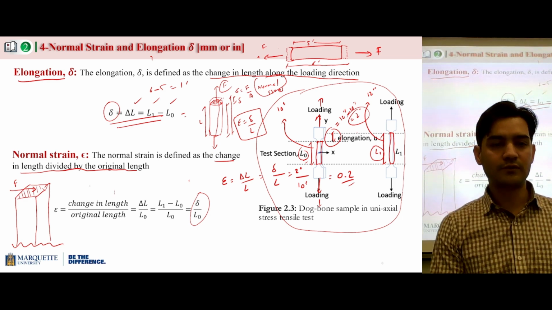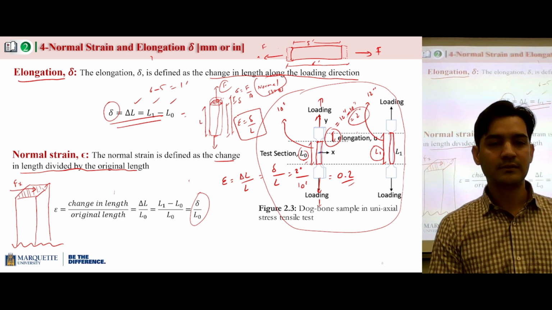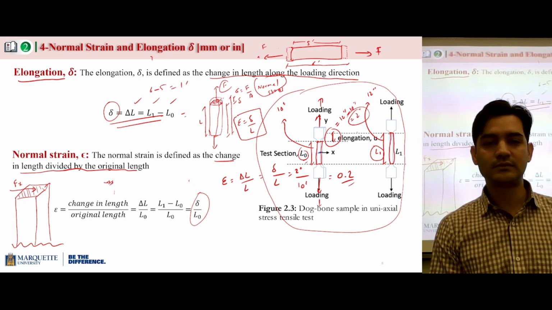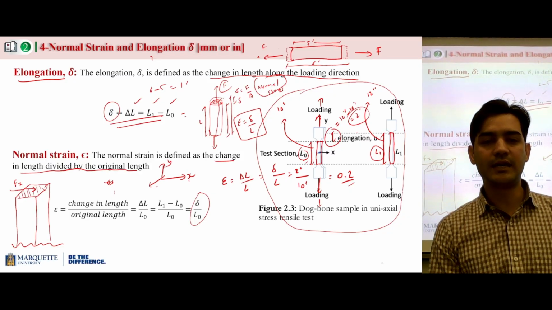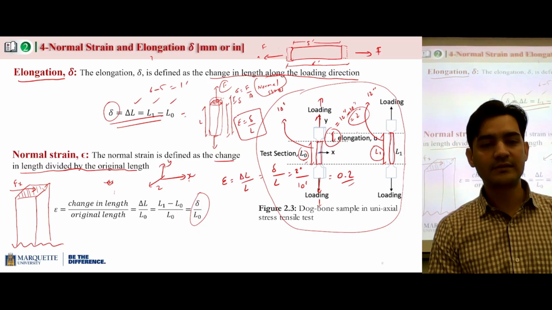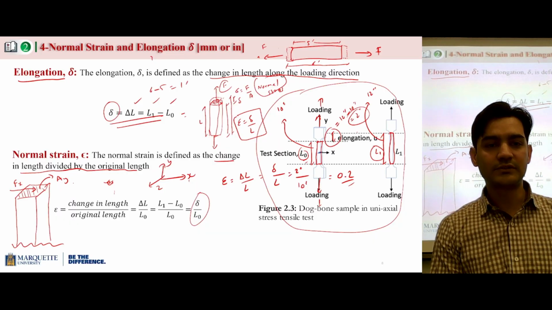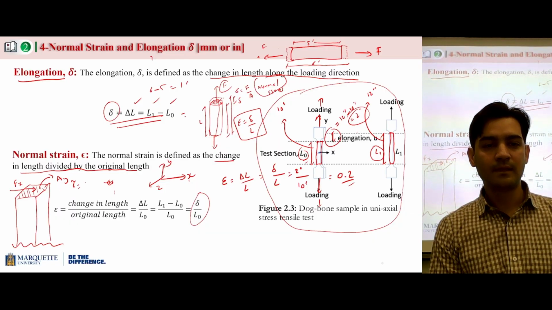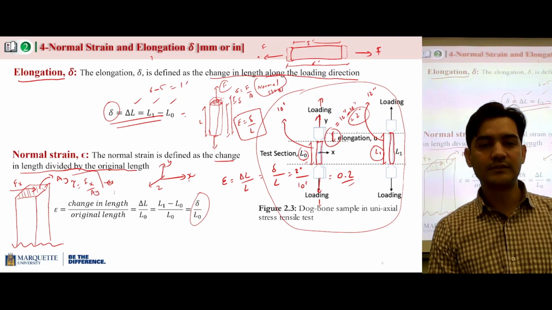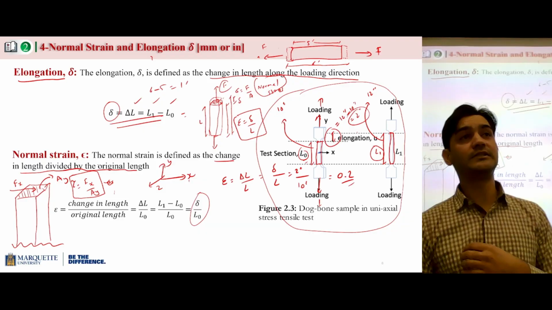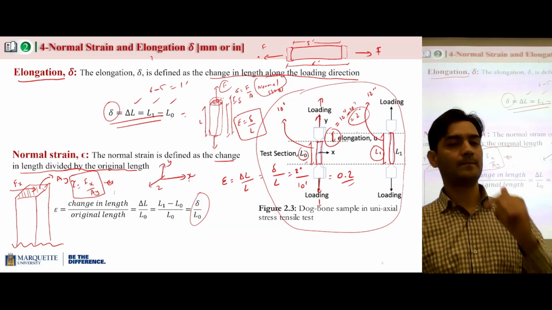So if this force is F of x, if this is x direction, if this is y direction, this is z direction, this is F of x, and the area is A of y because this is perpendicular to the y-axis. So if you calculate the stress in this case, force divided by area, this type of stress is called shear stress.